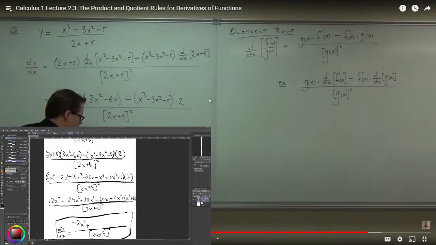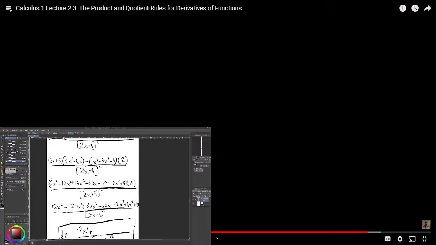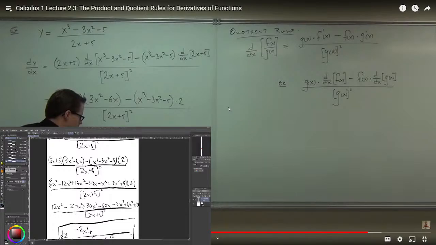Jeez, I really don't know how to distribute. Oh no, he just multiplied the 2 in there.